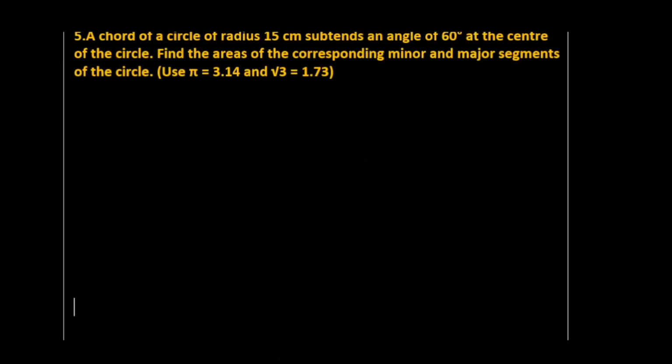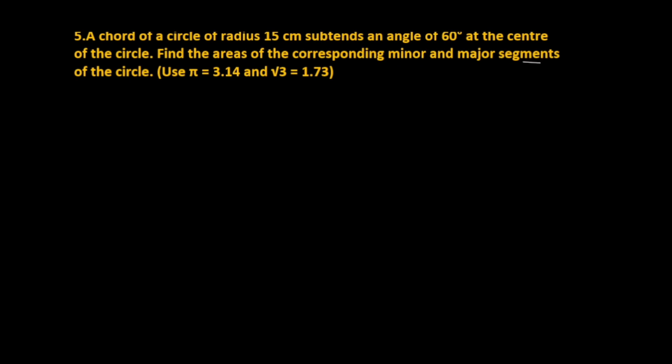The question: a chord of a circle of radius 15 centimeters subtends an angle 60 degree at the center of the circle. Find the area of corresponding minor and major segments of the circle. Use pi as 3.14 and root 3 as 1.73. So let's draw the circle.